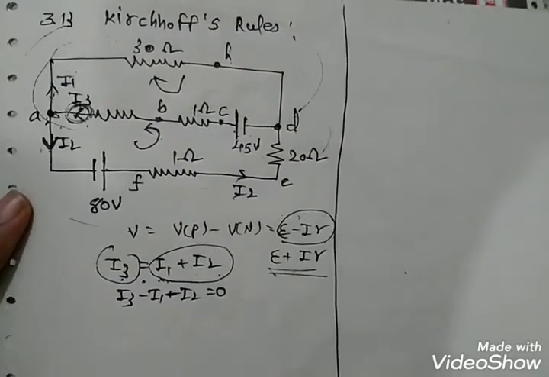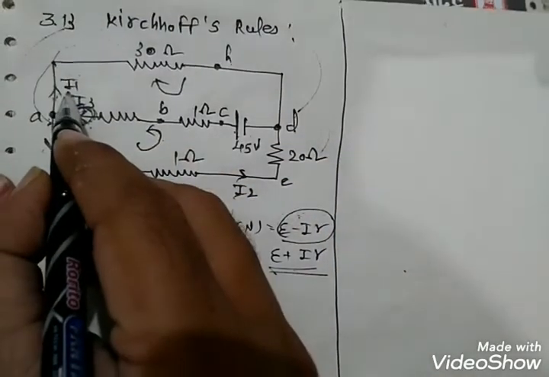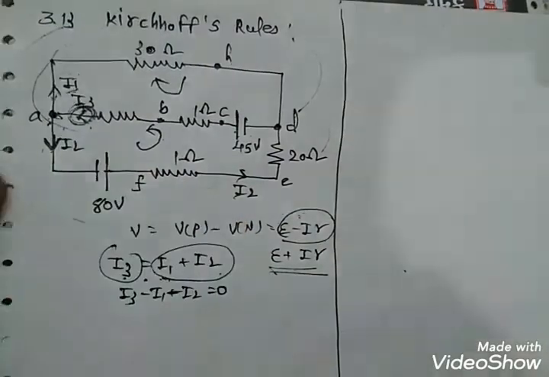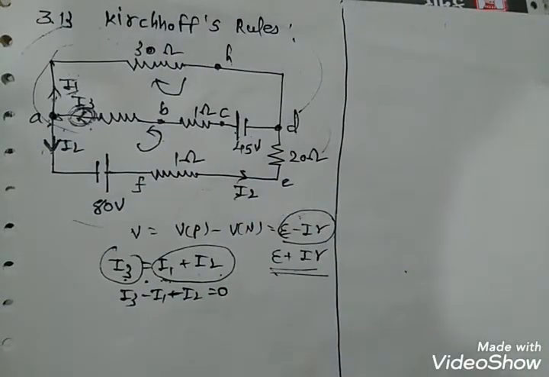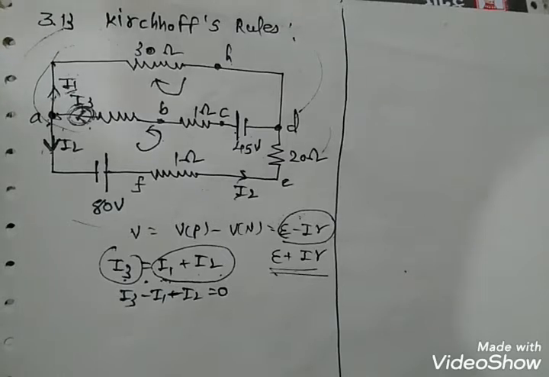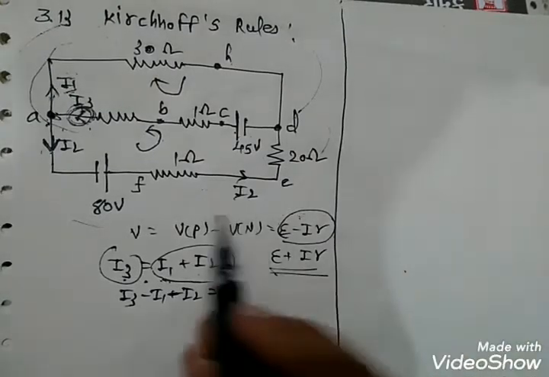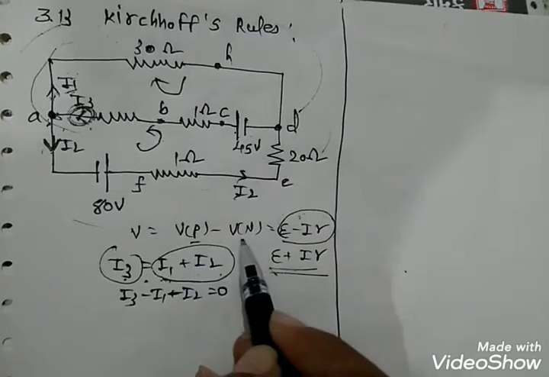First, current I flows along a resistance in the direction indicated. Potential difference means positive and negative.